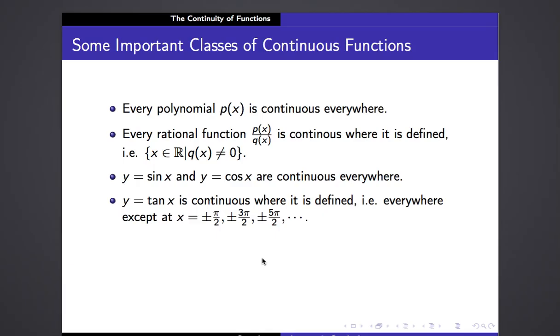So remember, the tangent of x is defined everywhere except at x equals plus or minus pi over 2, plus or minus 3 pi over 2, plus or minus 5 pi over 2, plus or minus 7 pi over 2, and so on and so forth. Because at those points, cosine becomes 0, so the tangent of x is not defined. So other than those points, tangent of x is continuous.